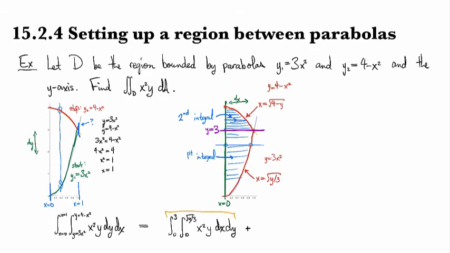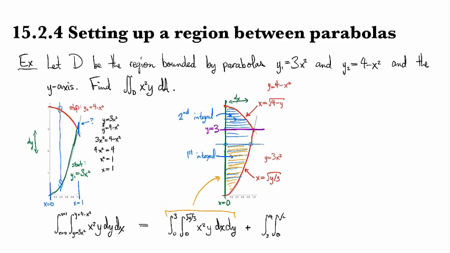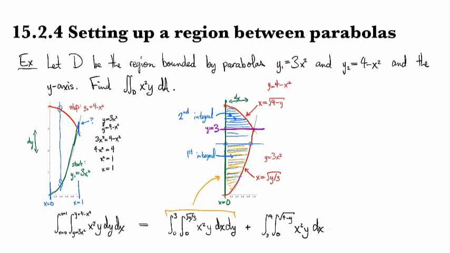So this one here corresponds to this lower region. And then we'll have the rest, so that only took us up to 3, so then we go the rest of the way from 3 up to 4, and this is from 0 up to the other parabola, square root of 4 minus y, x squared y dx dy.